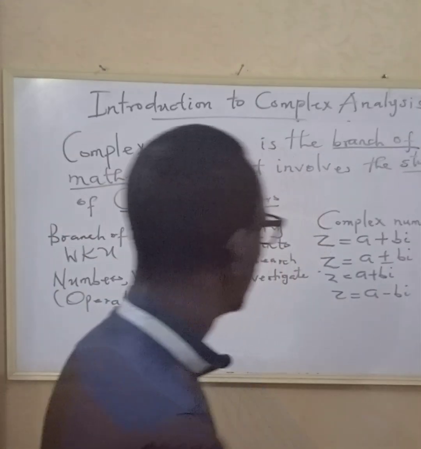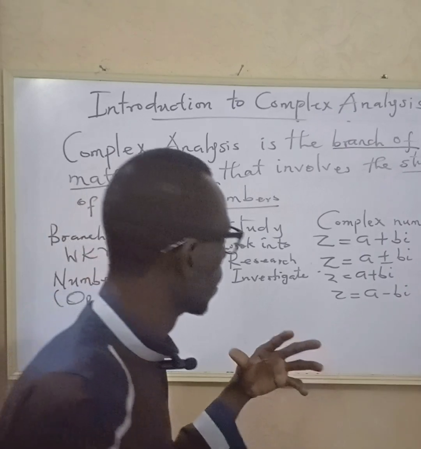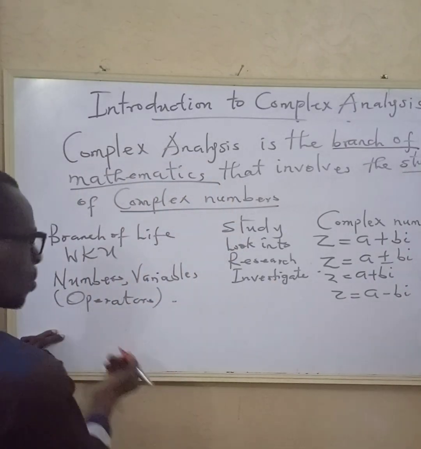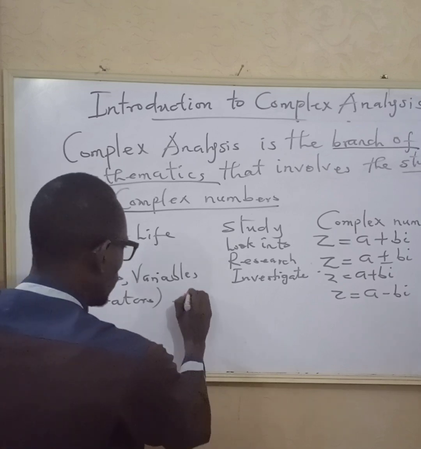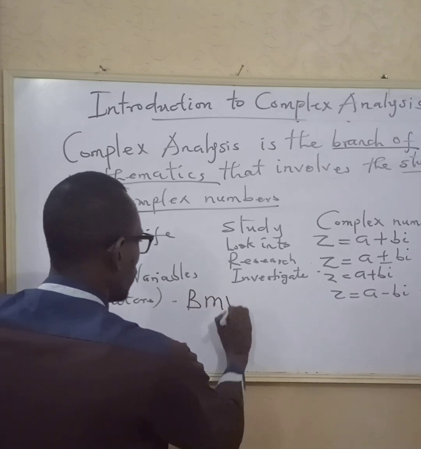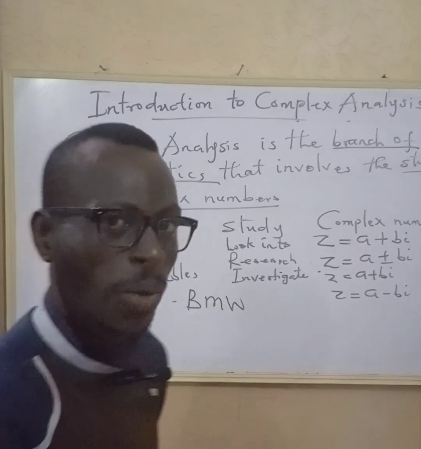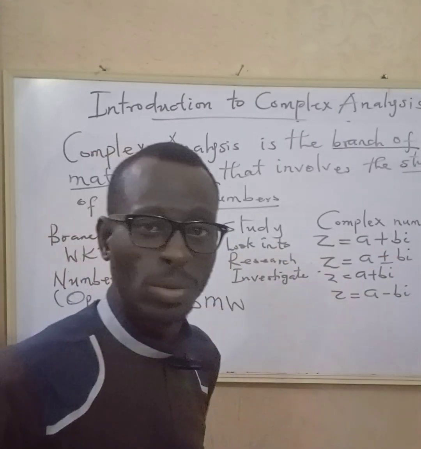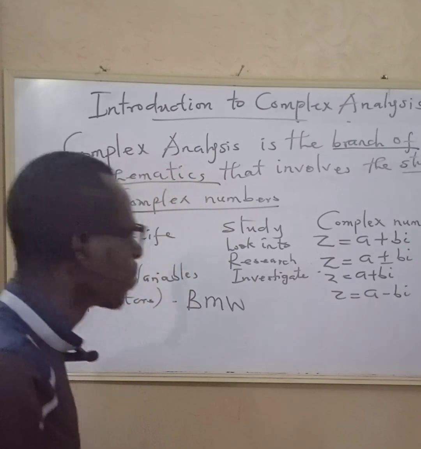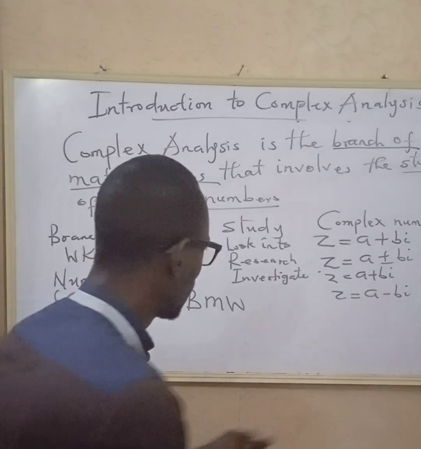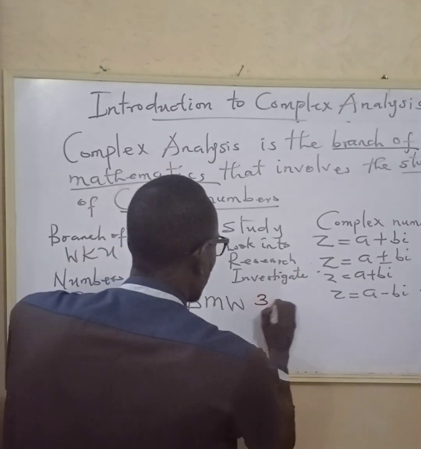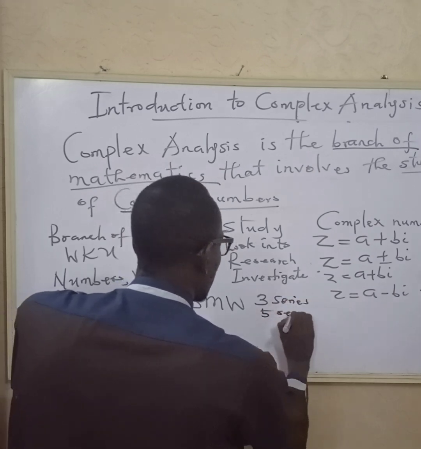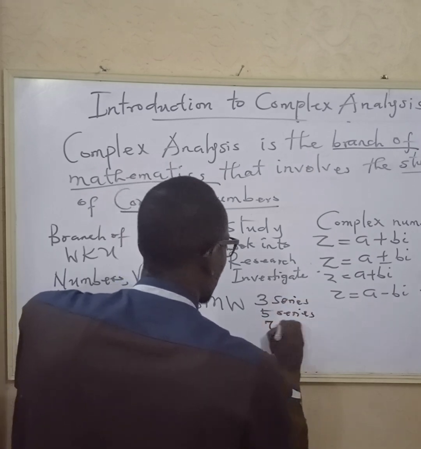So, in the concrete aspect, we all know that we have an automobile called BMW. When you study the BMW automobile, you come up with what we have: 3 series, 5 series, 7 series.